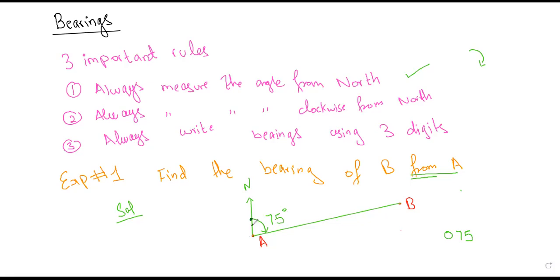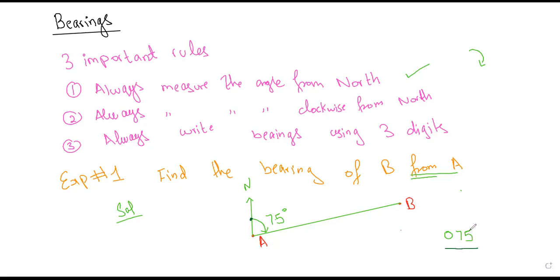Now it could be that I measure this angle, but that would have been wrong because we are interested in finding out the clockwise angle, okay? And then the third thing is always write bearings using 3 digits. So the answer is 75 degrees, but since we need to write it down in 3 digits, I'll write down 075. Okay, that is the first example.